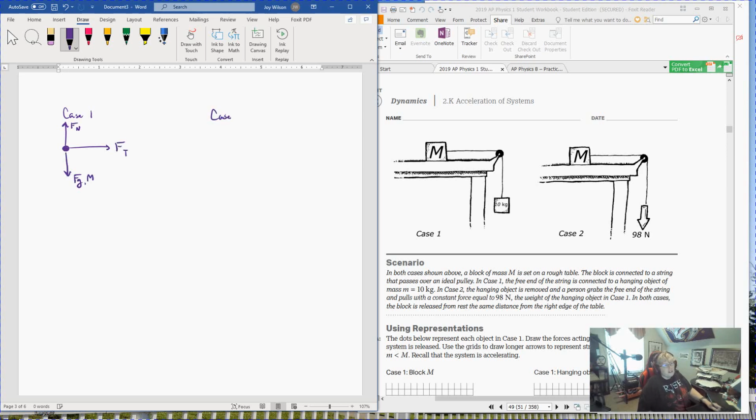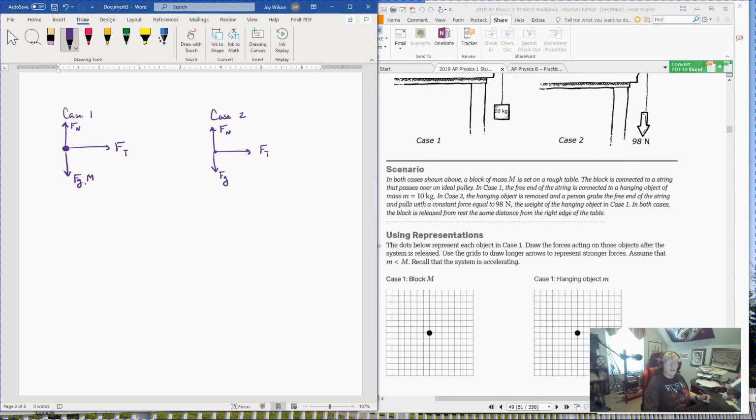Case 2, I just have force tension, force normal, and force gravity. And you may say, Miss Wilson, those two free body diagrams are exactly the same. Yes, the block on the table doesn't know if it's connected to another object or somebody's just pulling on the rope. Okay? So those would be the free body diagrams.